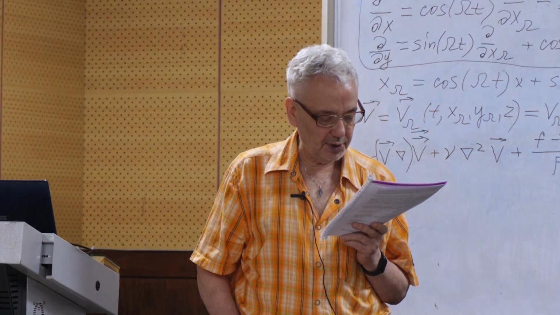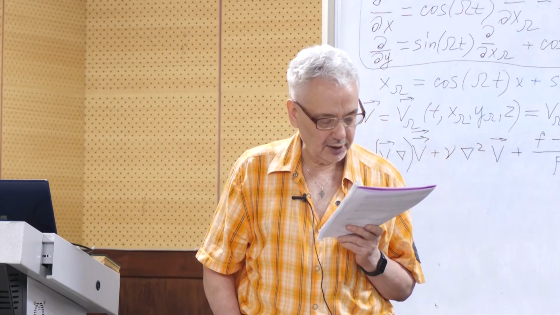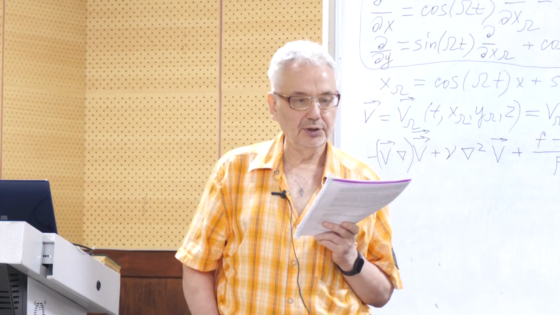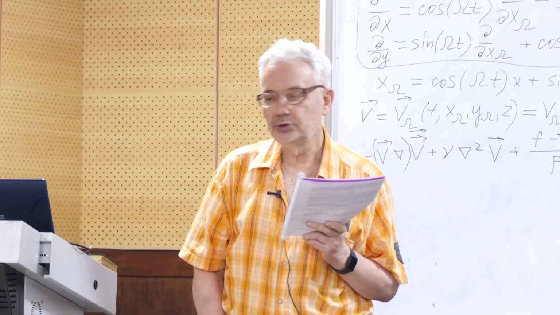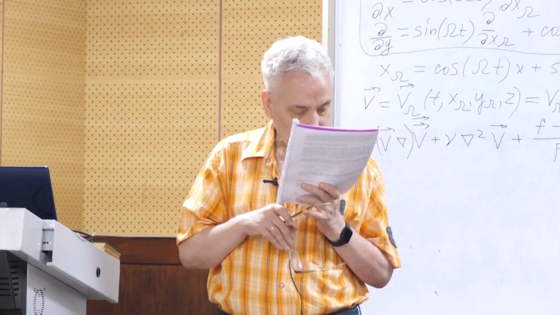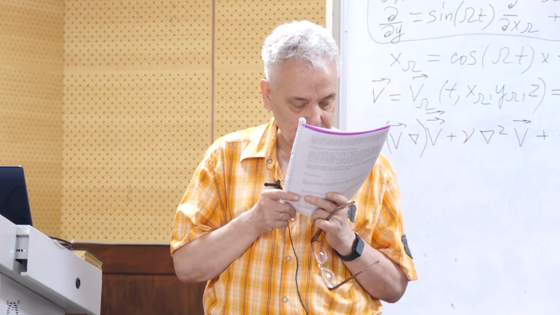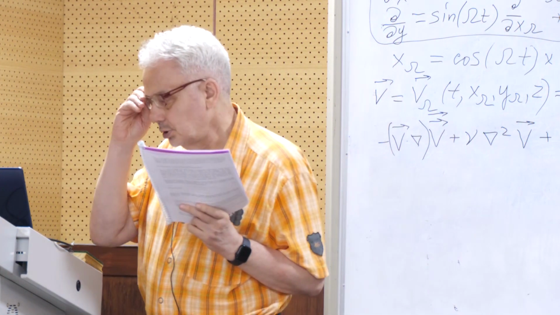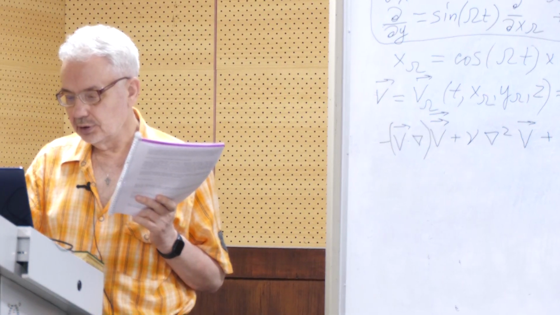And the rigid inner boundary of radius Ri, which I showed you in some previous slide, can rotate with some arbitrary angular velocity omega I. So there is a difference.